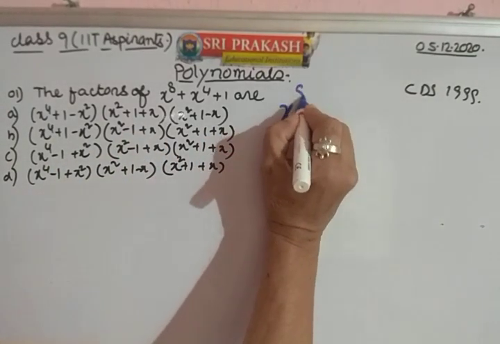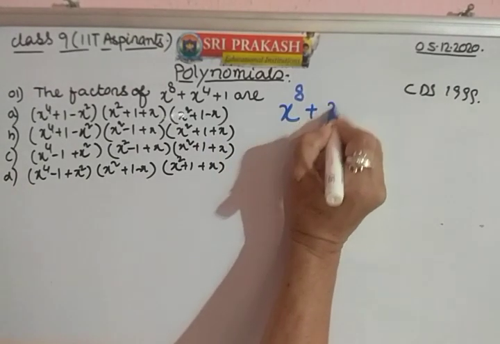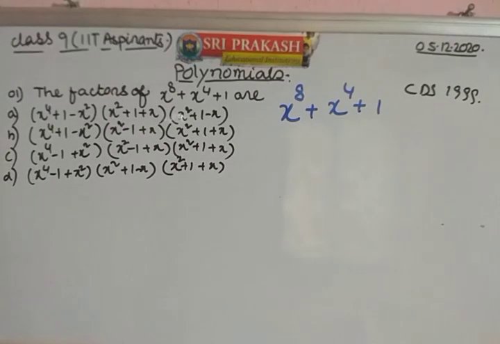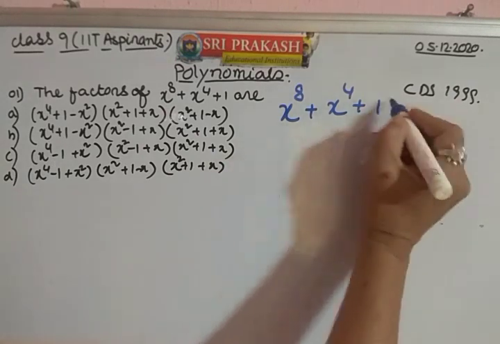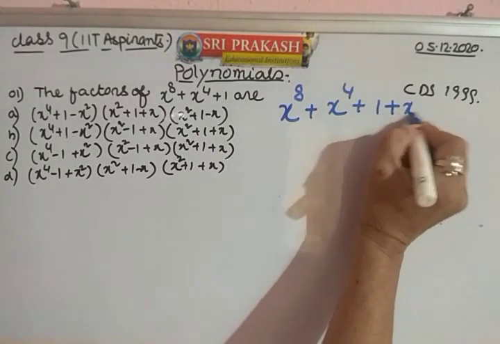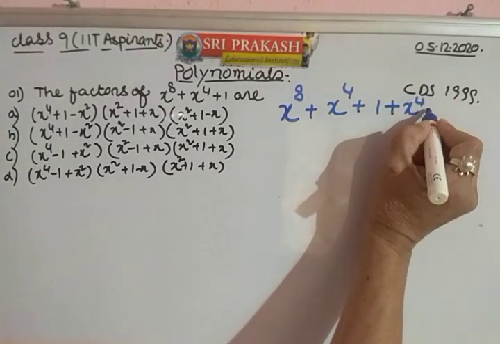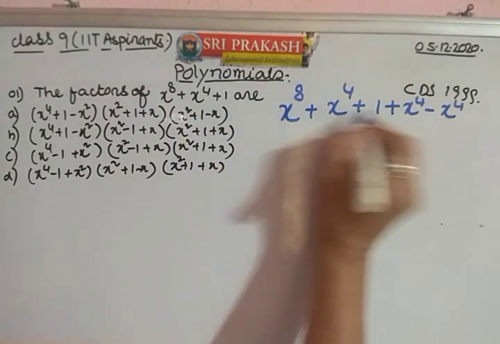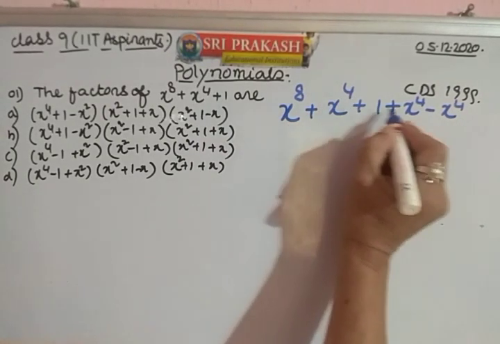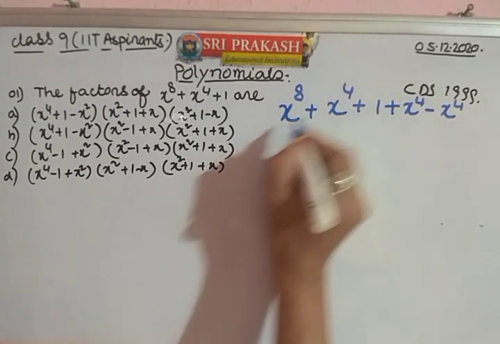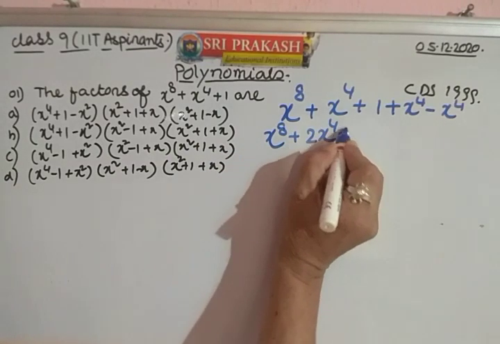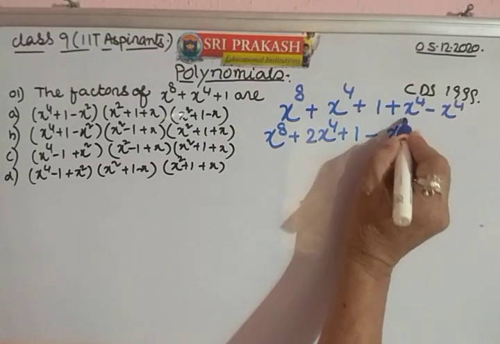the polynomial x to the power of 8 plus x to the power of 4 plus 1. What we do, let us add x to the power of 4 and subtract. If we add and subtract the same number or same expression, the value doesn't change. So we add these two, plus x to the power of 4 plus x to the power of 4, 2x to the power of 4, plus 1 minus x to the power of 4.